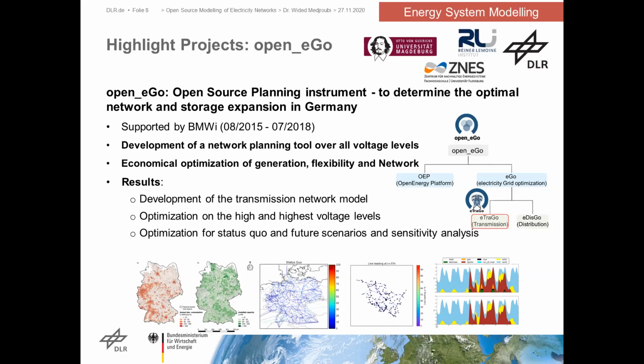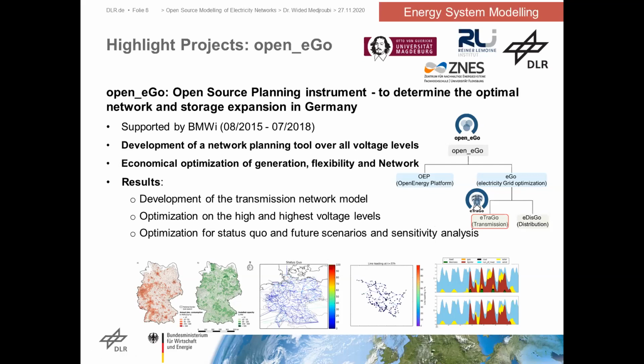So we did this for the power network, but we also do this for complete energy system models. We have also developed, in cooperation with different institutes that you see at the top, the University of Magdeburg in Germany, and 2 research institutes, one in Berlin and the other in Flensburg, an open source planning instrument.